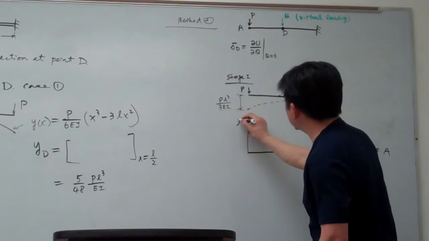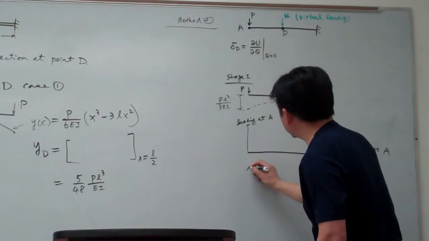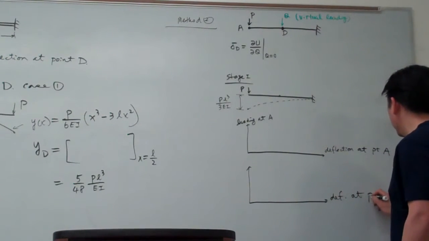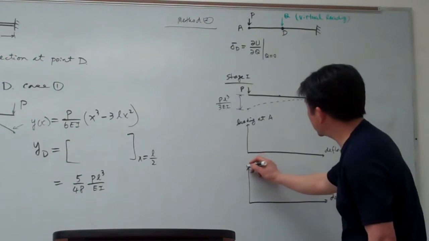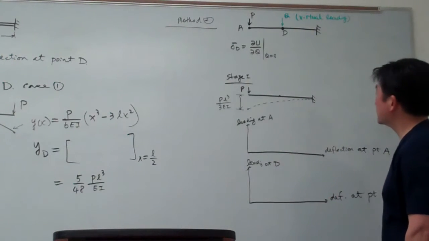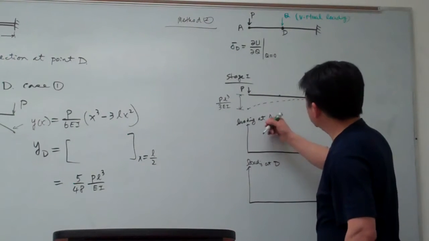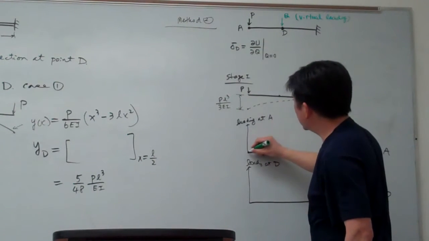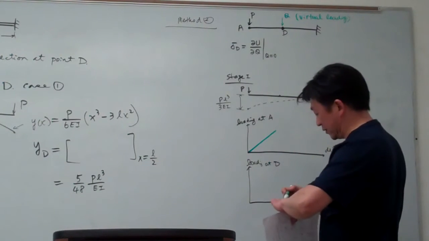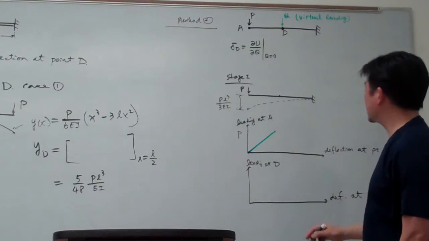So this is the loading at A. The other similar curve is the deflection at point D, and this is the loading at D. In stage 1, we increase the loading at A slowly from 0 until it reaches the value of P we are given here. So this is stage 1.